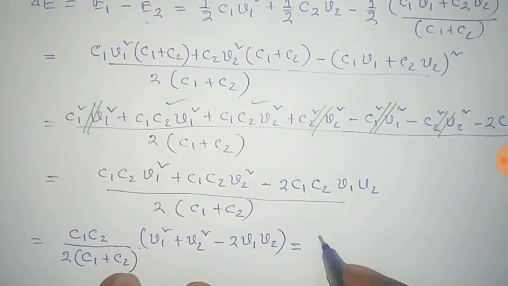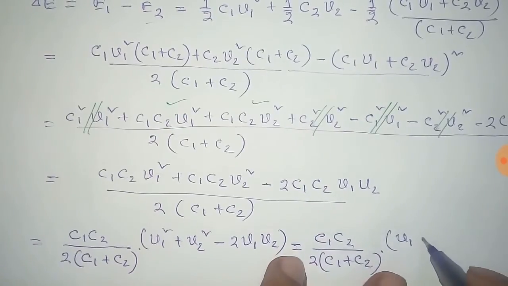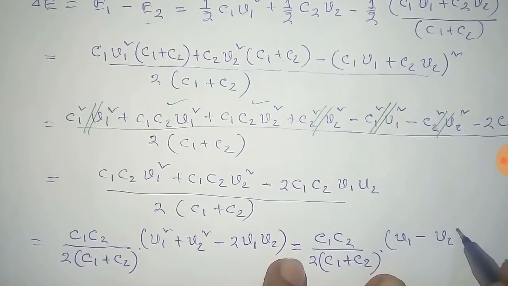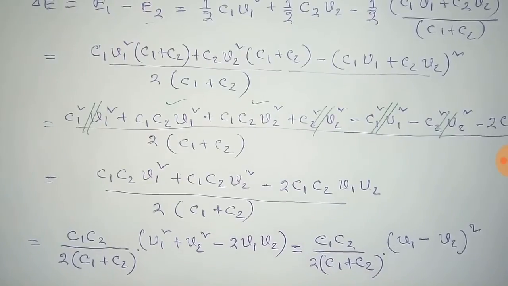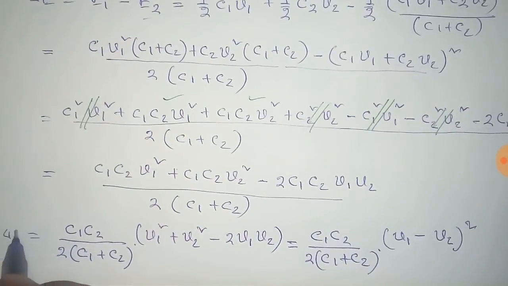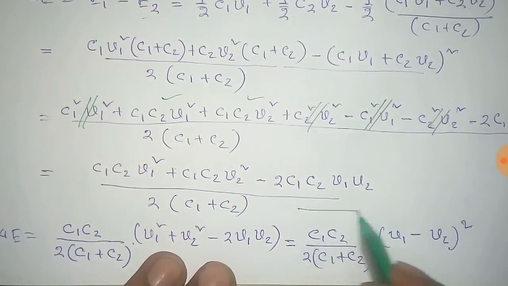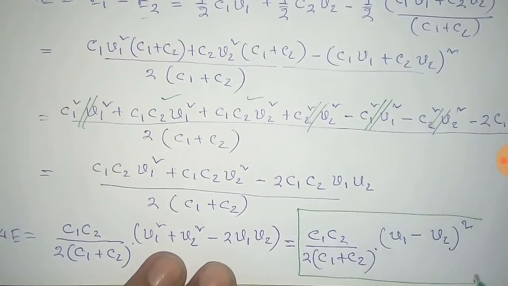This is equal to C1 C2 by twice C1 plus C2 into V1 minus V2 whole square. And that is the expression for loss of energy due to sharing of charges between two conductors.